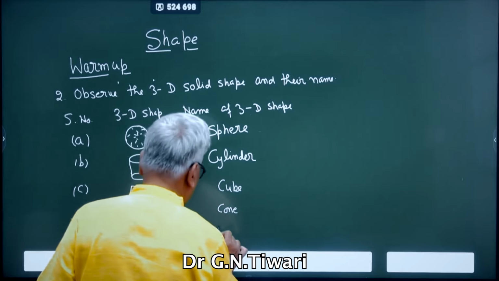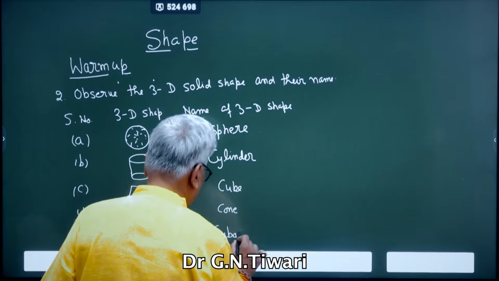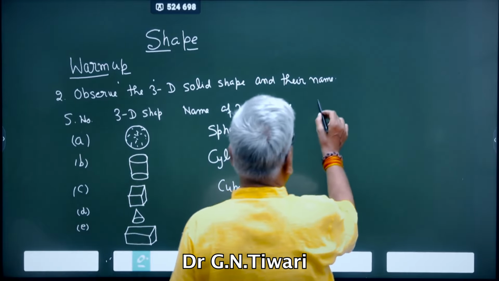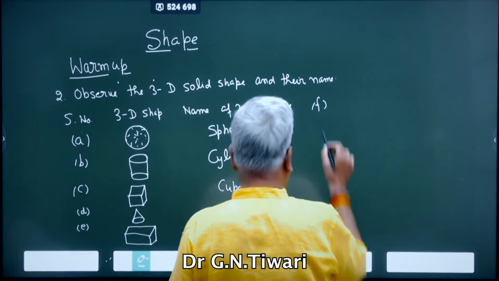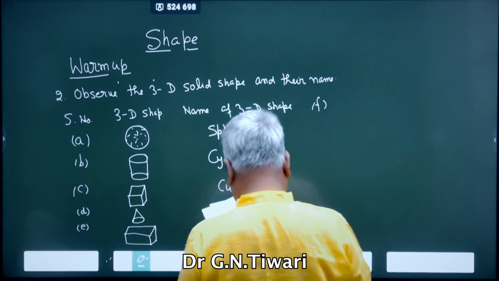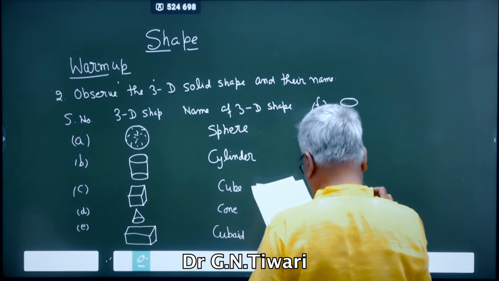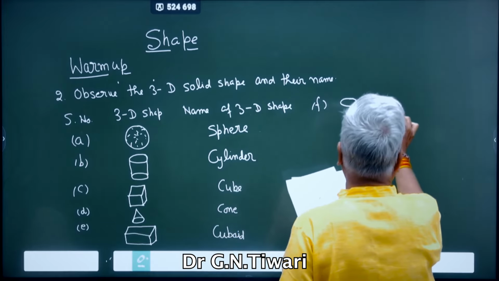This is the cuboid. Q-U-B-O-I-D, cuboid. And F. Just like egg. Size of the egg is like this. So you can say egg.